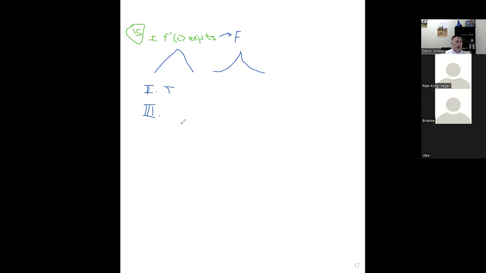Okay, and then the third one, if the second derivative exists, then the value of the second derivative is less than or equal to 0. So I think that's true or false. This one's actually going to be true.